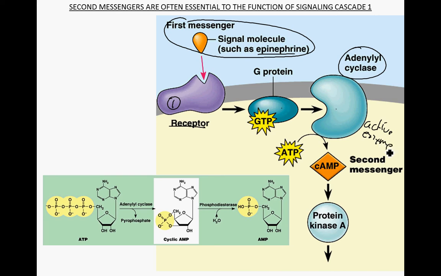And that enzyme is going to catalyze the production of this second messenger called cyclic AMP or cAMP. So this is cyclic AMP, and that's what we see over here. We're going to start with ATP, and in the presence of the enzyme adenylyl cyclase, it is going to take two phosphate groups off to form this pyrophosphate thing, and that's this right here.